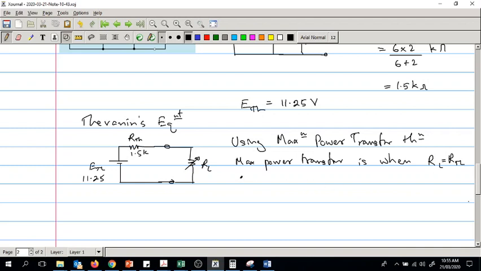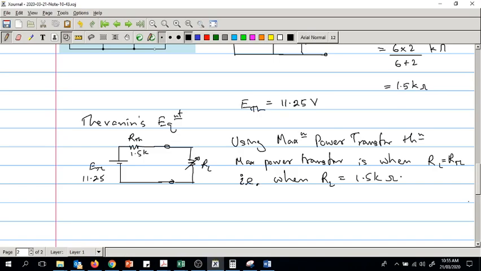So therefore, that is, when RL equals 1.5 kilo ohms.